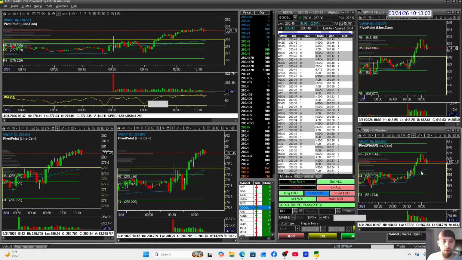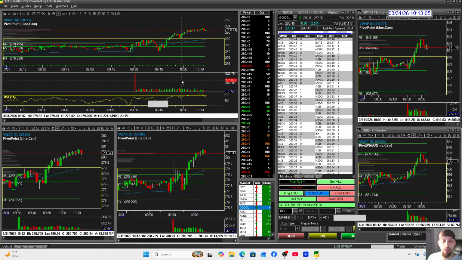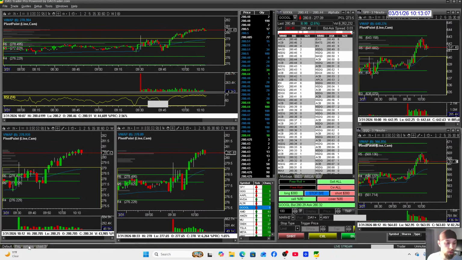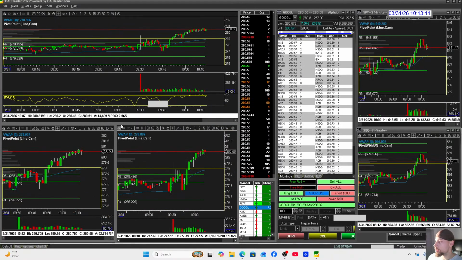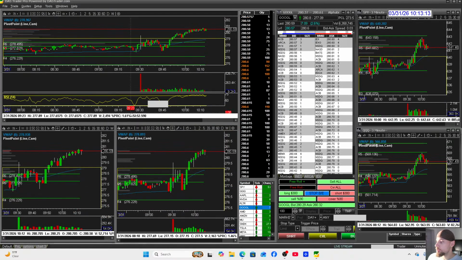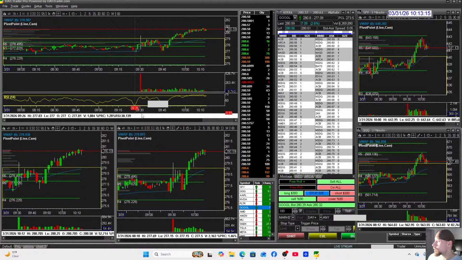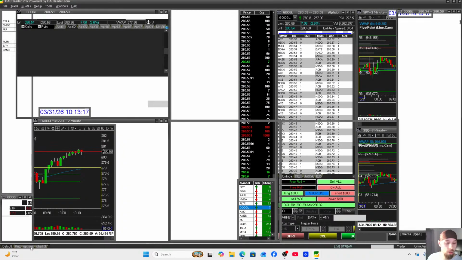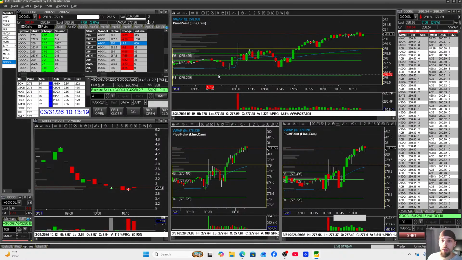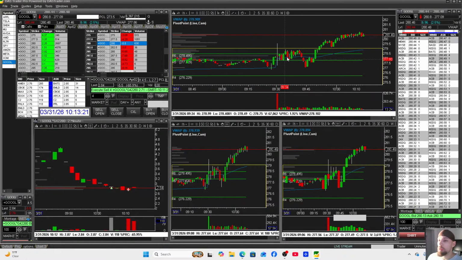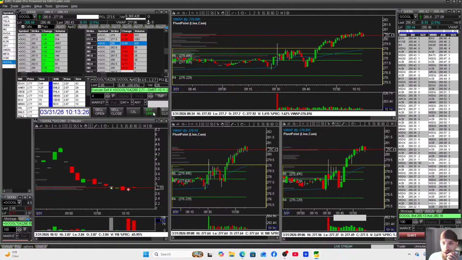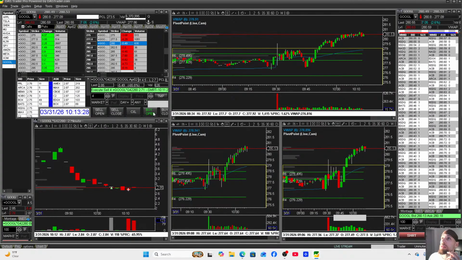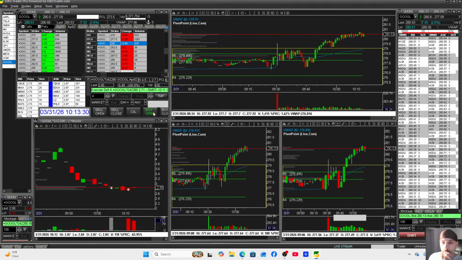SPY's pulling back, Qs pulling back. Was that Google I was in? Yeah. Yeah, Google's not ready to turn just yet. Just trying to hold this level.